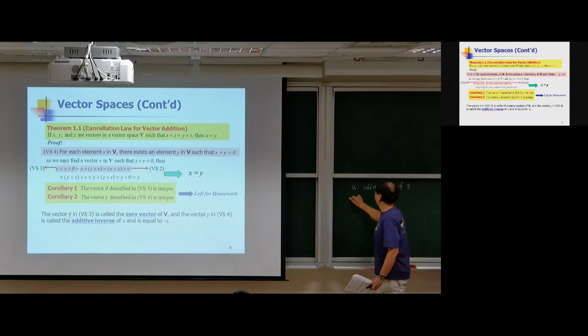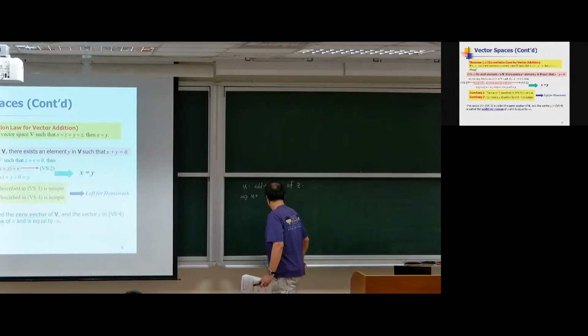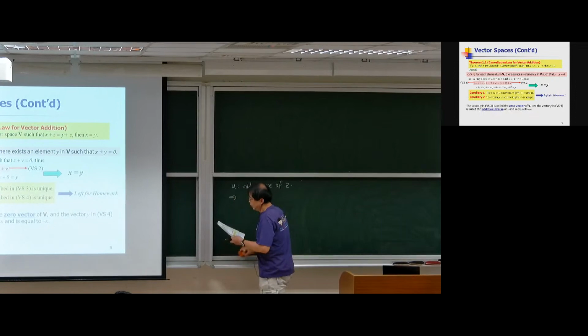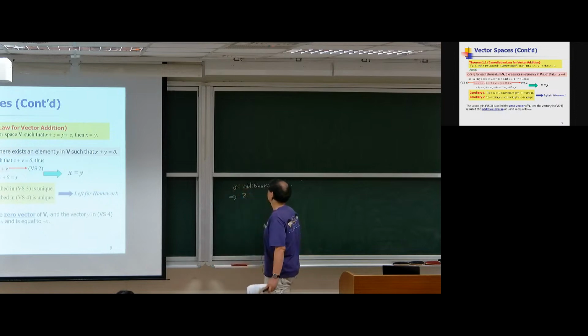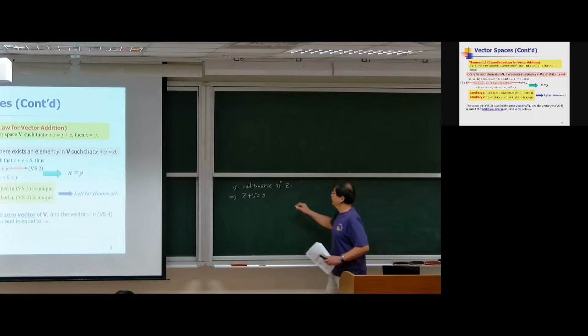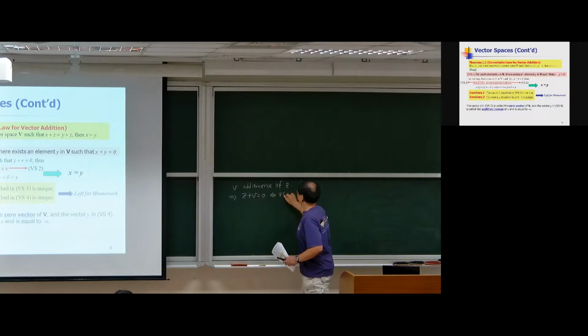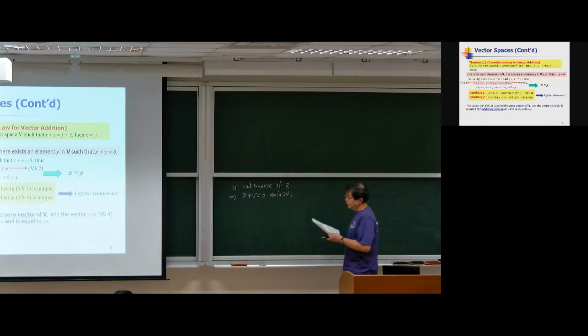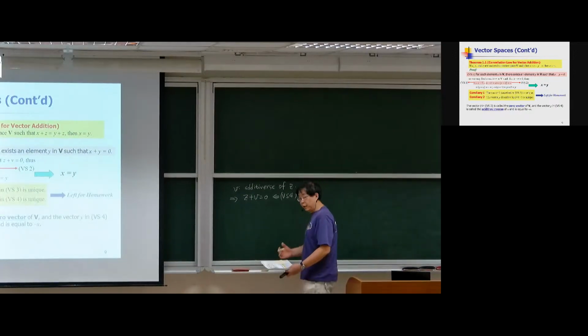So z plus v equals 0. This is by VS4. Then we will begin our proof using VS1 to VS8.